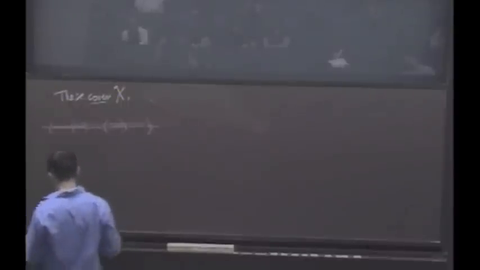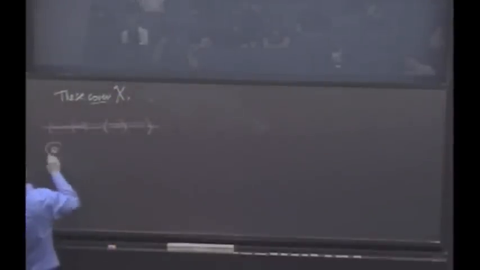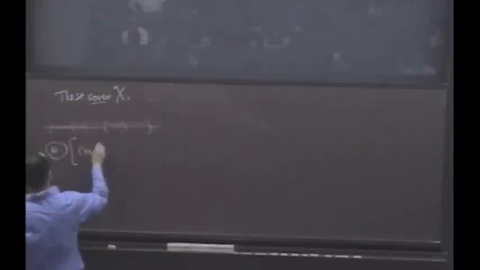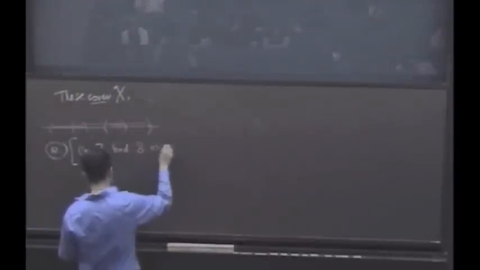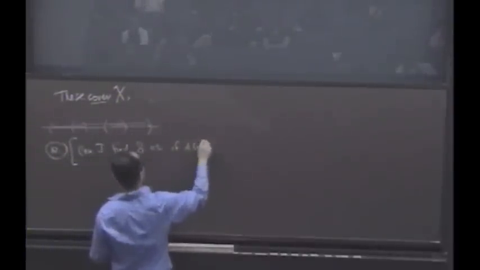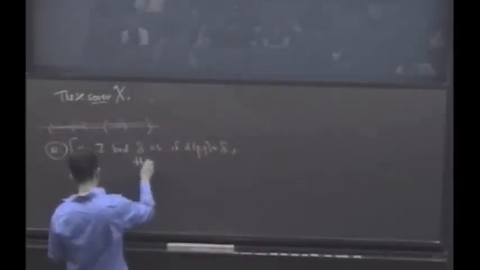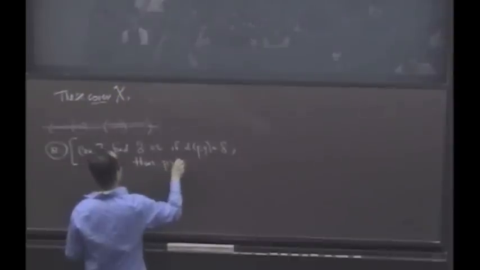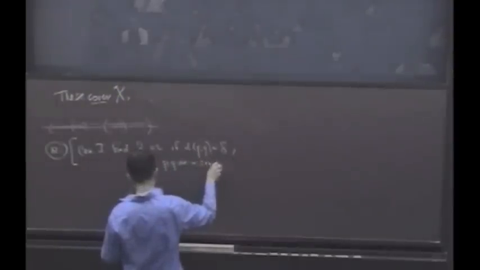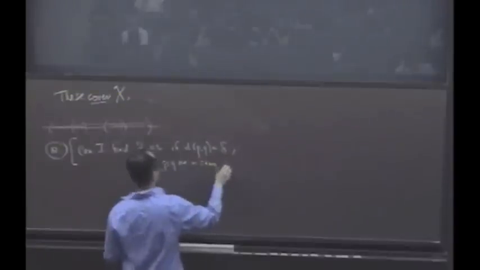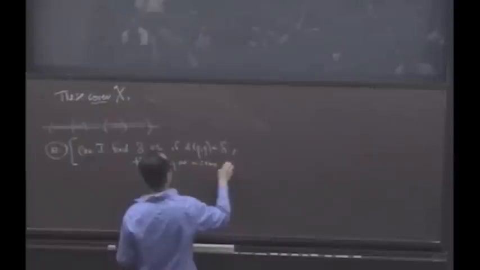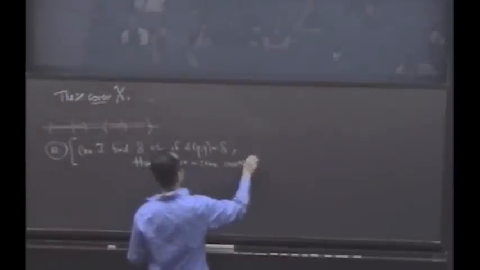If it were true, here's the claim. So here's a question, and if we could answer this question, we'd be done. Can I find a delta such that if the distance between 2 points is less than delta, then P and Q are in the same element of the cover?